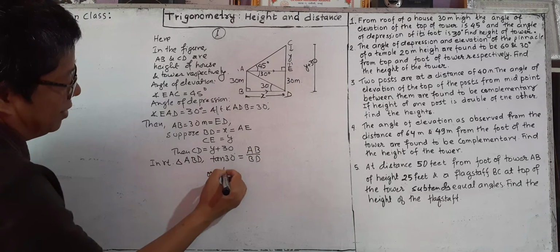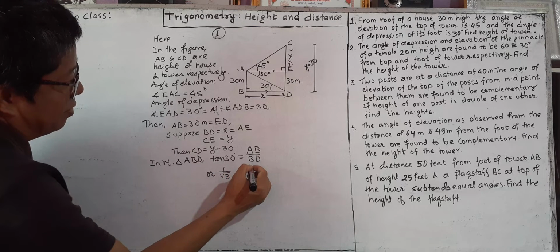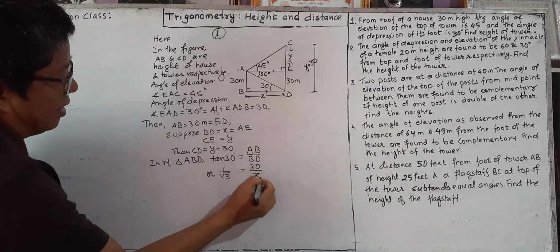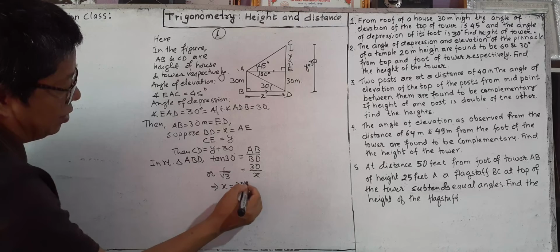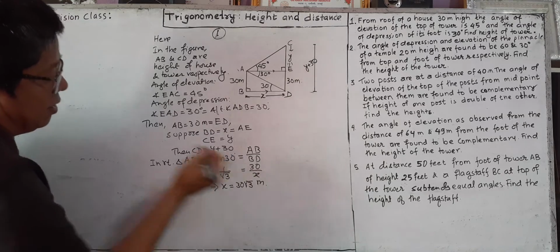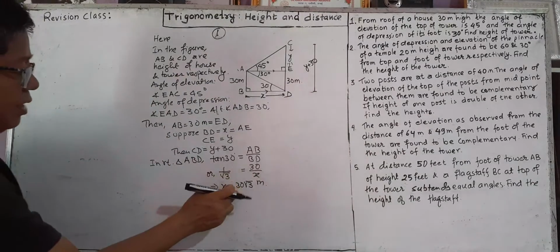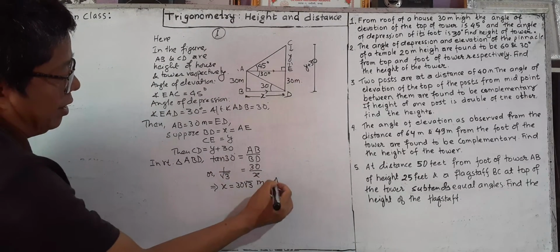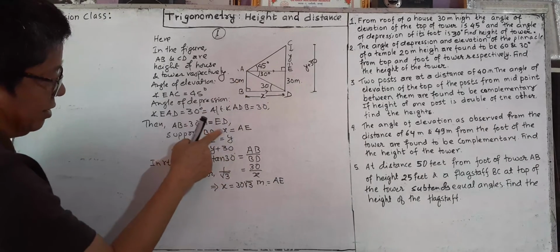The value of tan 30, as you know, is 1 by root 3, and AB is given 30, and BD is X. So this implies that the value of X is 30 root 3 meter. Still we have to find the value of Y, and this value is equal to AE, because opposite sides are equal.